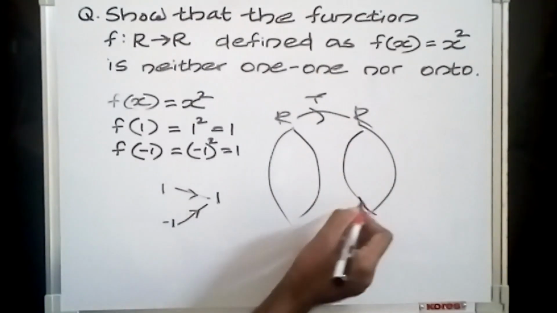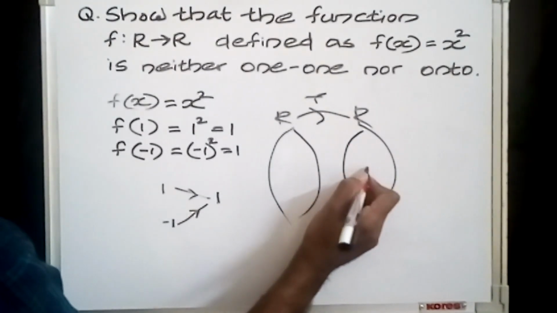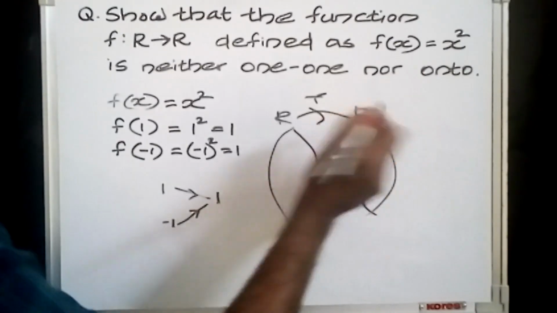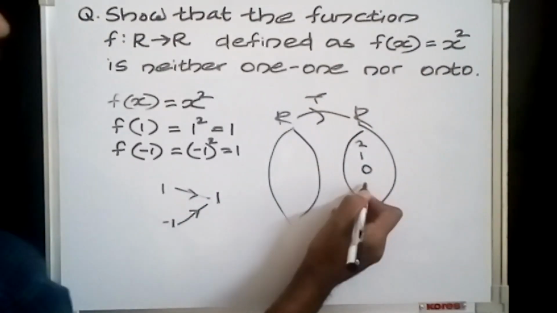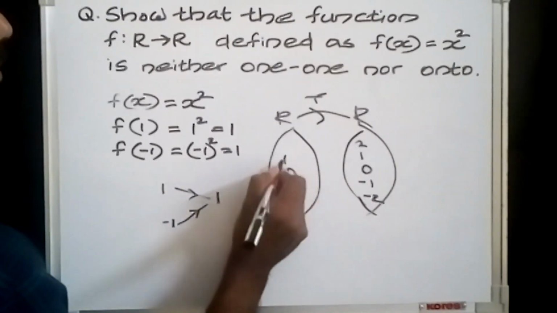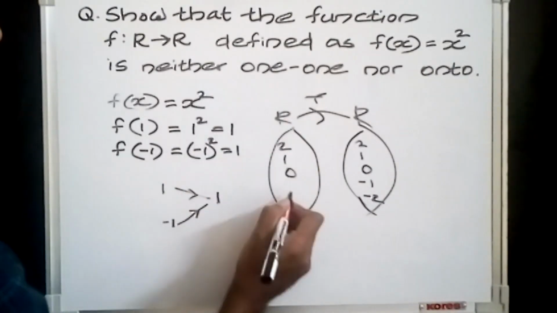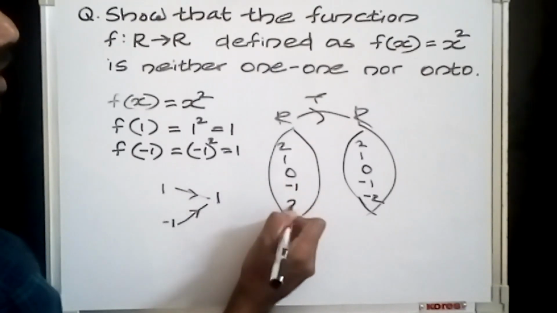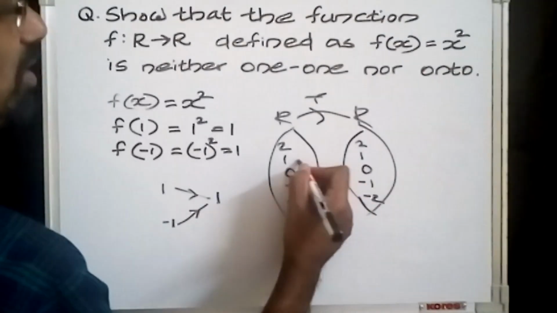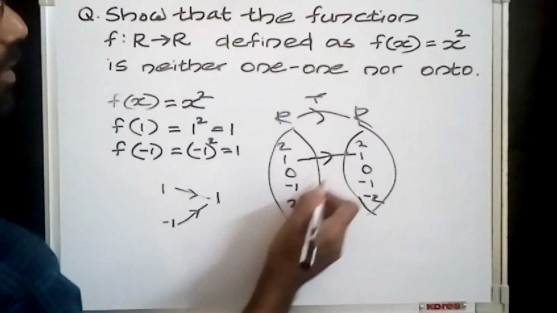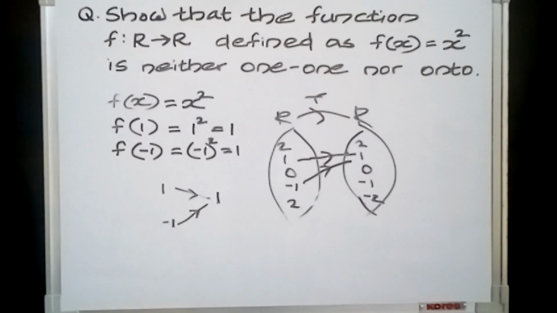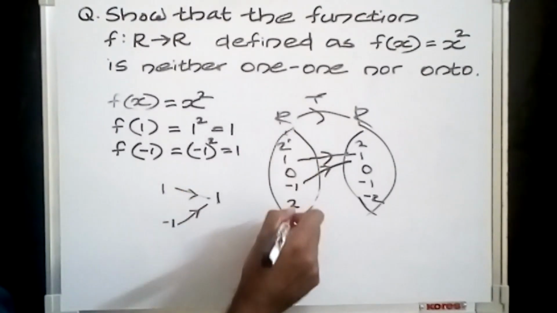It becomes onto if all elements in the second set, 0, positive numbers such as 1, 2, 3, 1.5, 1.7 and negative numbers minus 1, minus 2, etc., all real numbers, have pre-images. Here we have proved that the image of 1 is 1 and the image of minus 1 is 1. Therefore, the function is not one-one.